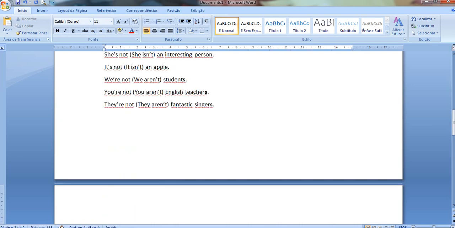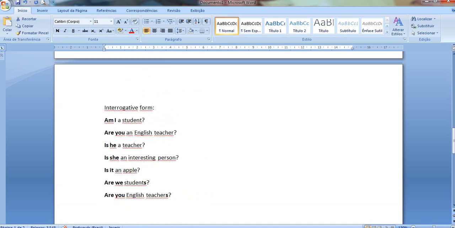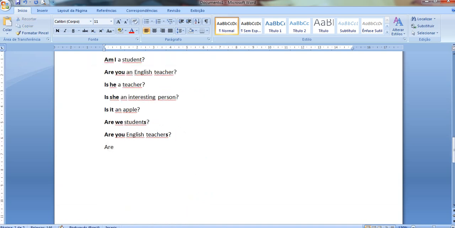And the last example in interrogative form is they're fantastic singers. How can we change that sentence in interrogative form? Just put the verb be in front of the personal pronoun. So, are they fantastic singers?